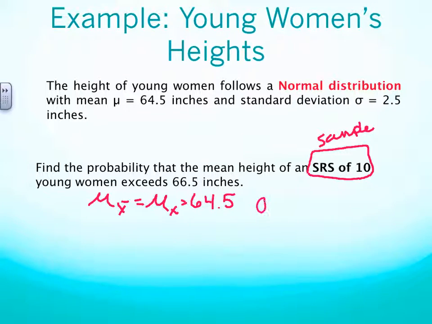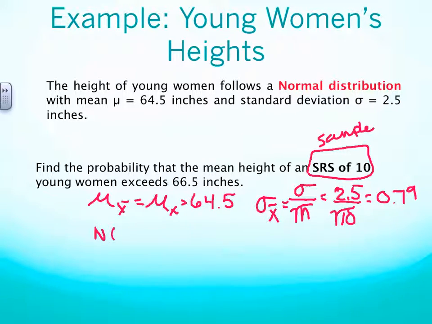Your standard deviation, however, will, because now you are dealing with your sample of 10. Our standard deviation is 2.5 divided by the square root of 10, which gives you a standard deviation of 0.79. So we have a normal approximation, the mean of 64.5, this time with standard deviation 0.79. We're looking for the probability that our sample mean will be over 66.5.